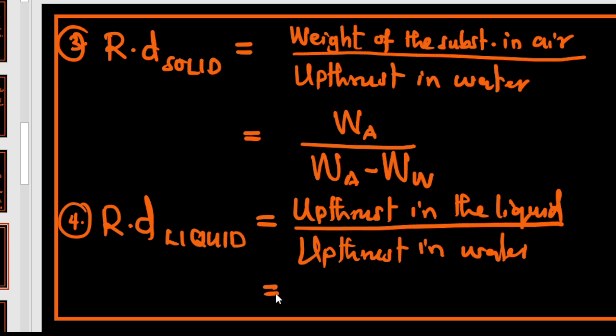Since upthrust is weight in air minus weight in the liquid, this will be weight in air minus weight in liquid over weight in air minus weight of the same substance in water. So these two formulae are quick formulae for determining relative density of a substance, either liquid or what, or solid.